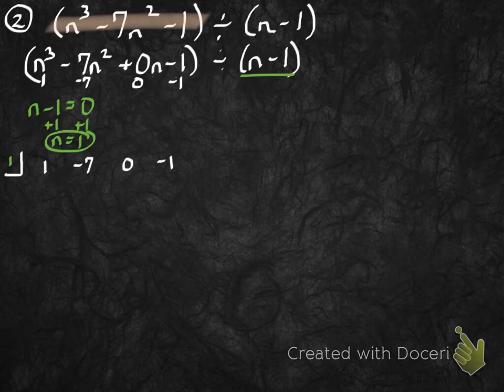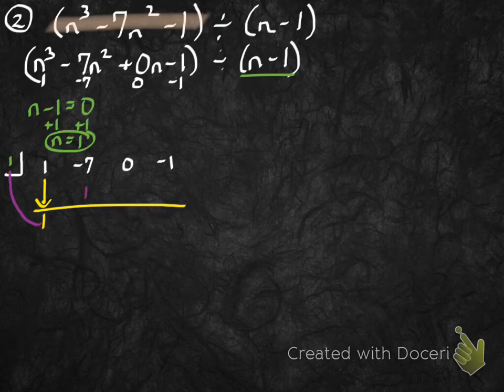Step 1, drop my first number down straight. Then I am going to multiply that number times 1, give me 1. Then add, giving me negative 6. Then multiply, give me negative 6.